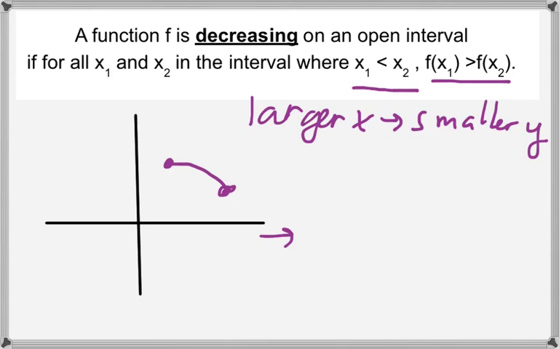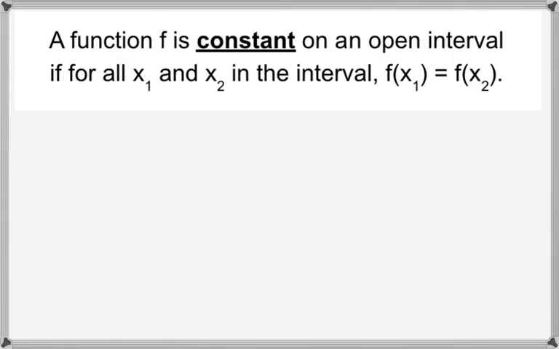All right, so those are two possibilities, and the third possibility for a function's behavior on an interval is that maybe the function is constant. So this is saying a function is constant on an interval if for any two x values in the interval, their y values are the same.